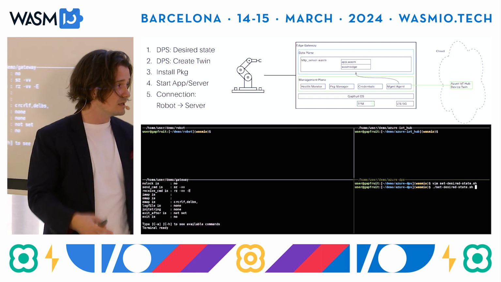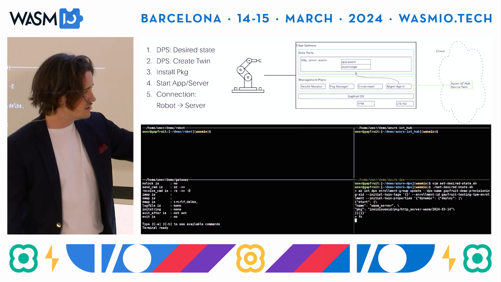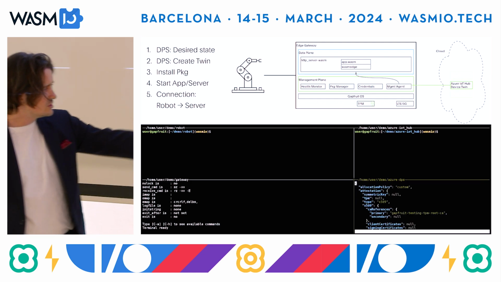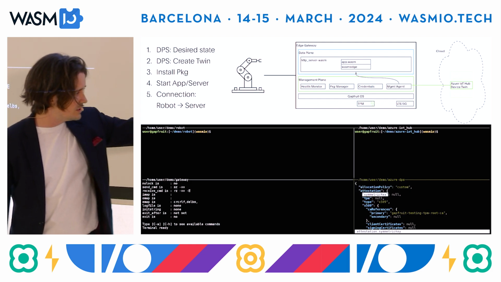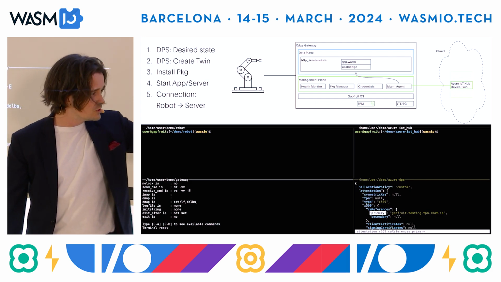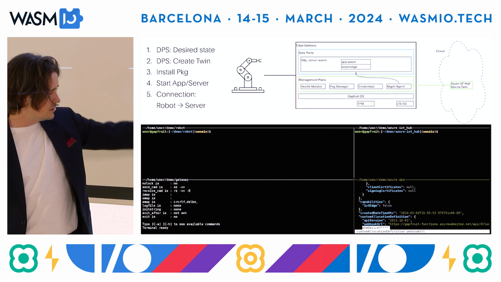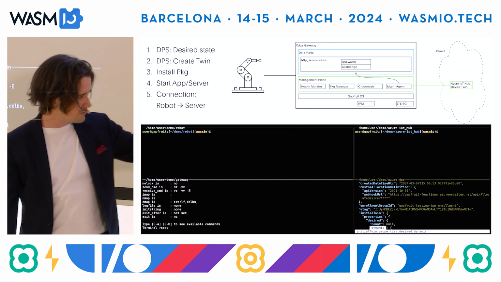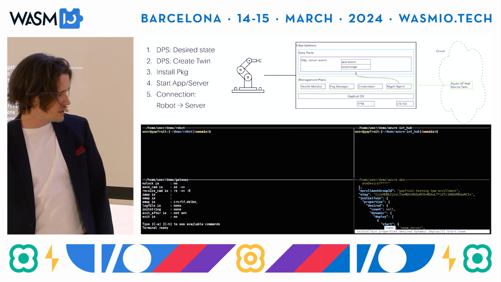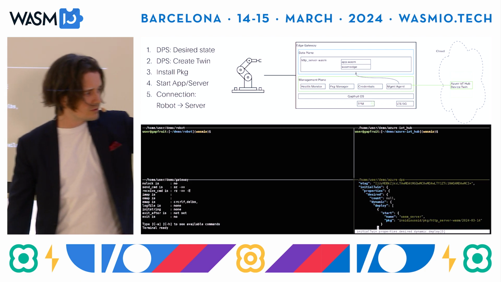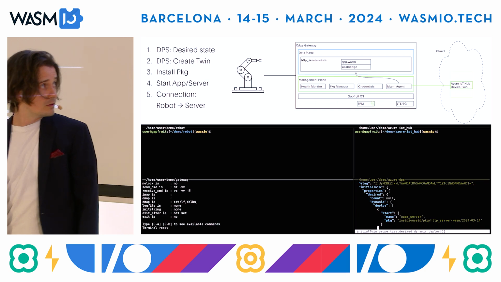I'm going to now set the desired state, and this gives me some output. So the attestation mechanism is the root certificate that I talked about, and then the initial desired state is whatever I've shown before with that Wasm server and the exact version that I deployed.